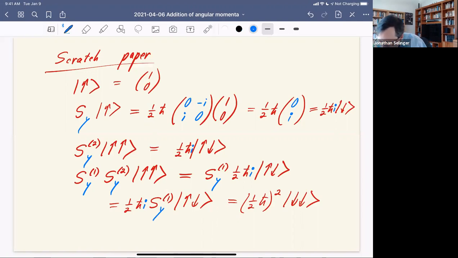So that gives us a half h bar i squared times the state down, down. And i squared, we know, is -1. All right, so this is negative a half h bar squared times down, down.